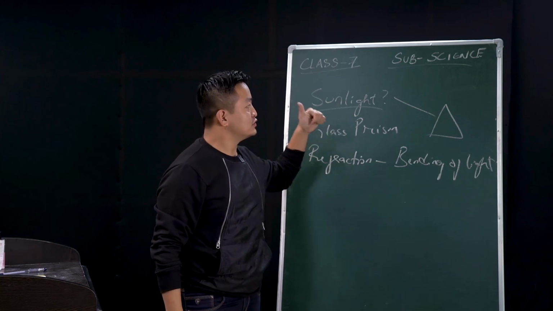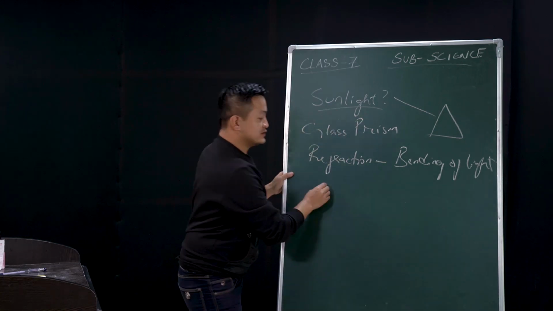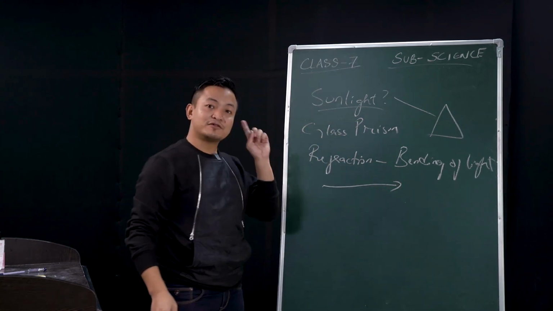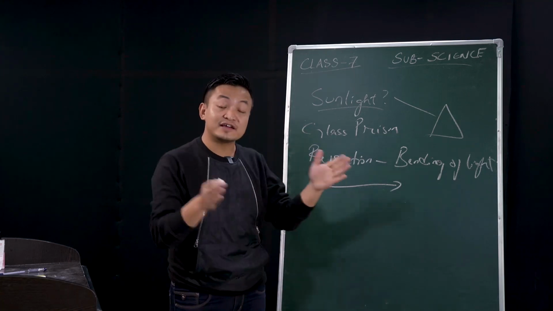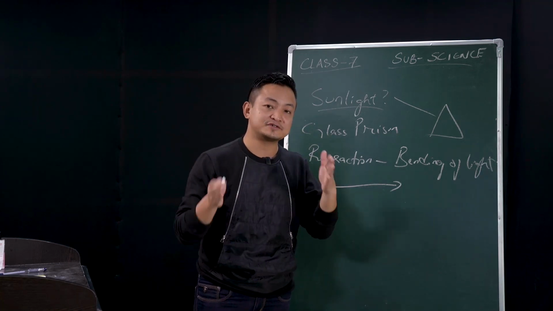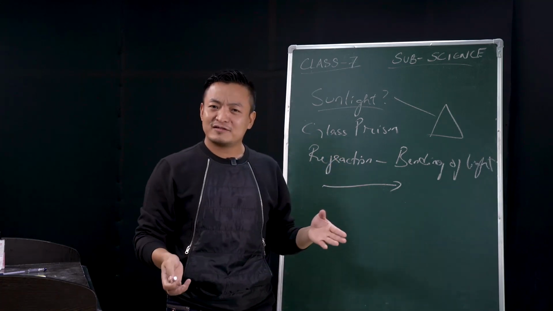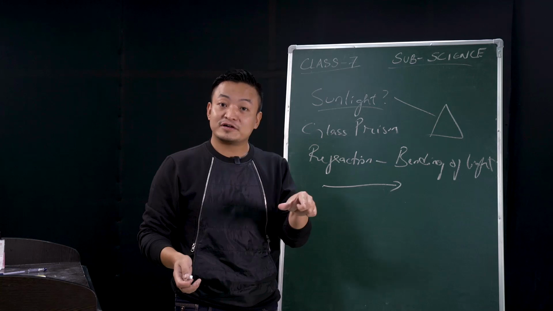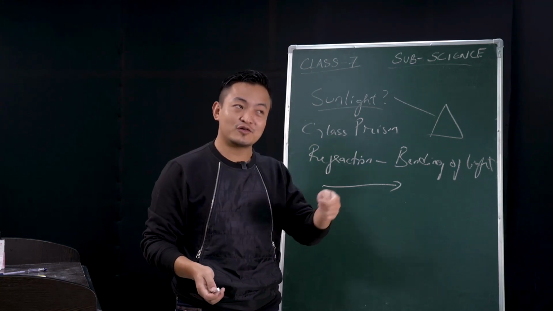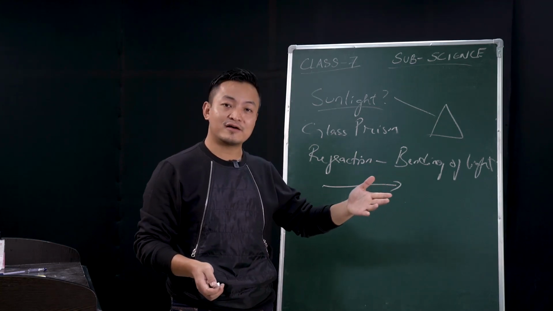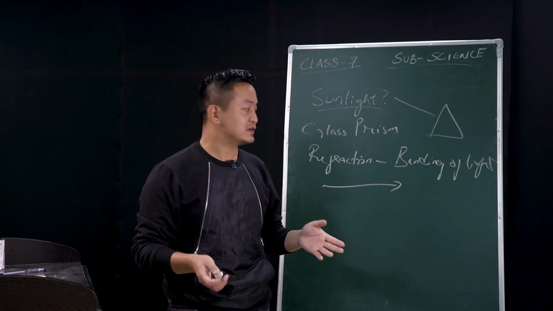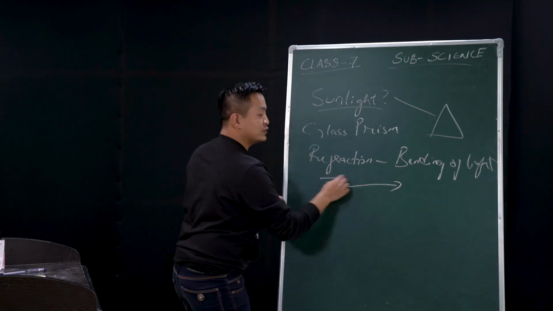Also I want to let you know that a ray of light is represented in your notebook with just a single line. But a beam of light, like the light you get from a torchlight or a car, is a group.